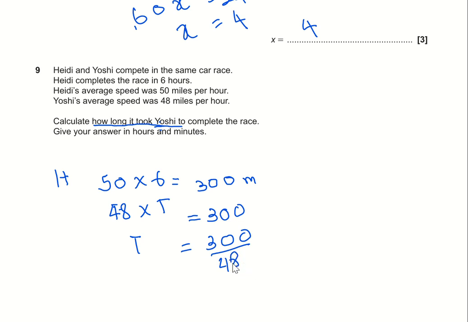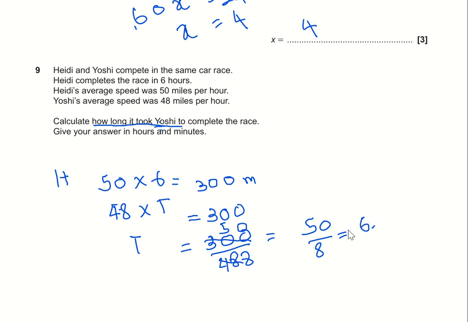So let's have a look. If we take 6 times 5, 0. How many 6s into 48? It's 8. Then I'm going to divide 50 by 8. Sorry. How many 6s?